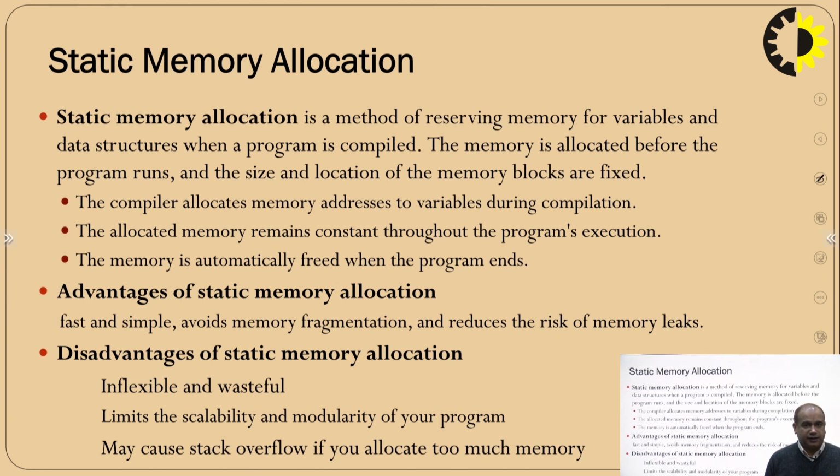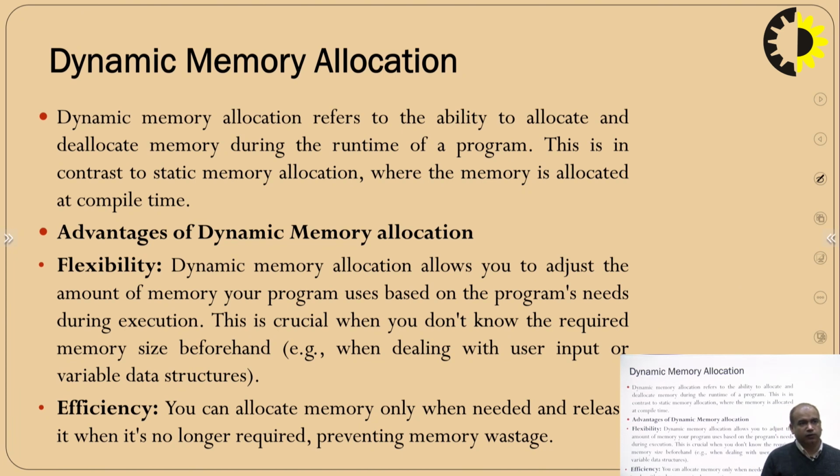In that 100 elements, if I fill only 20 or 30 elements, my remaining locations will be wasted. And suppose I want to increase the size of the array because new elements are going to be added, in that case I can't change that size. But in case of dynamic memory allocation, I can do all kinds of things.